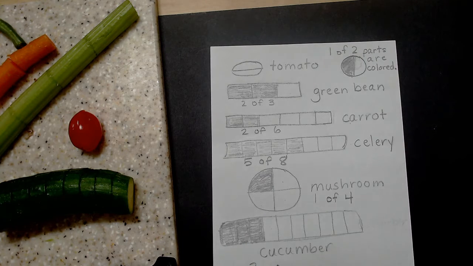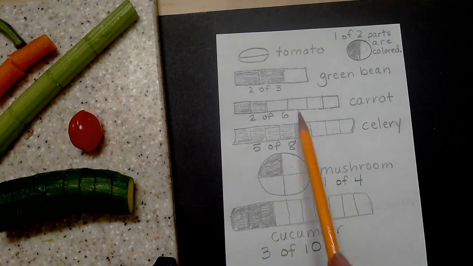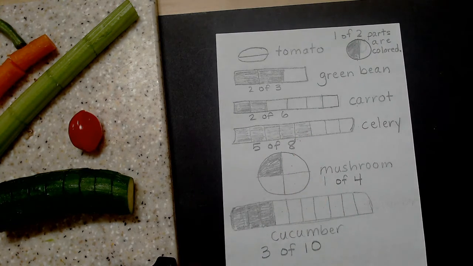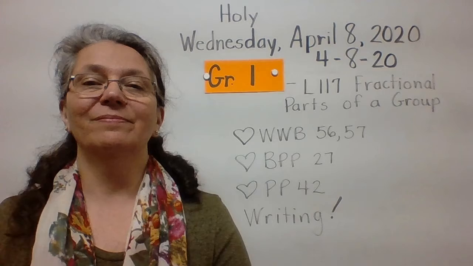We colored in 3 of, how many are there all together? 1, 2, 3, 4, 5, 6, 7, 8, 9, 10. 3 of 10. Okay, so you'll see things more like this on your math page, that you might have to color a certain amount in and then fill in blanks to tell how many out of the total pieces are colored in.